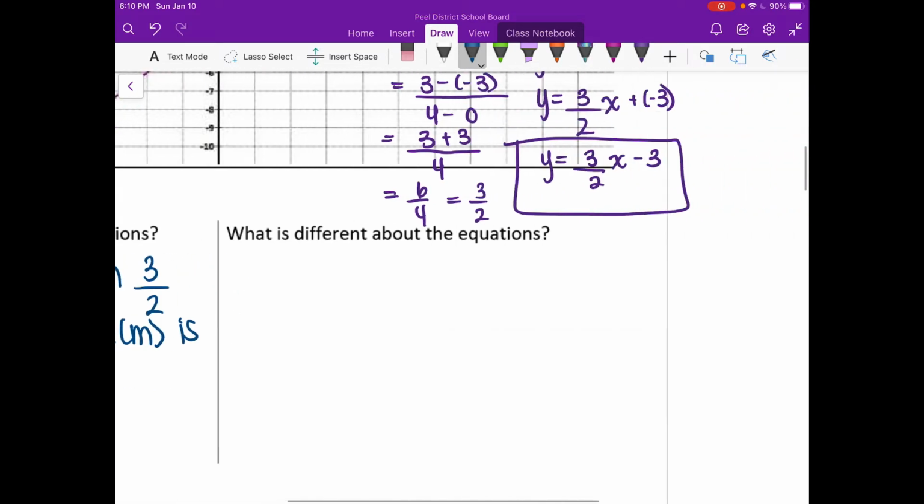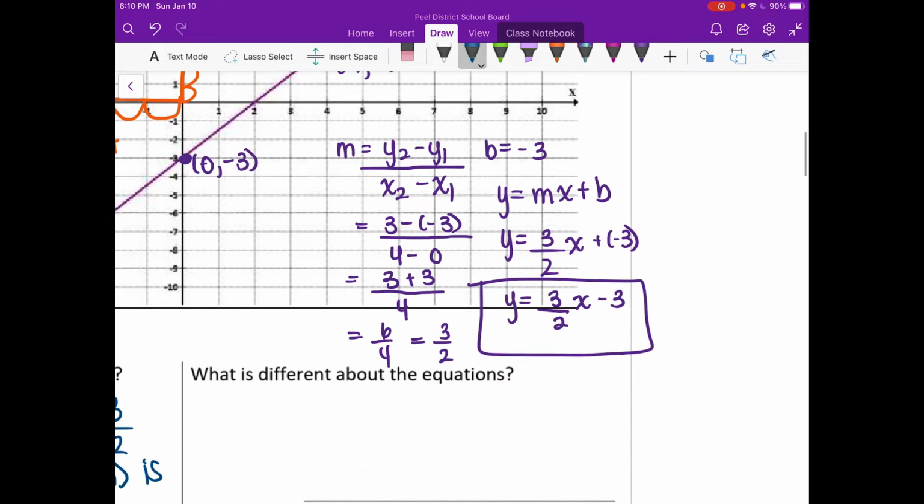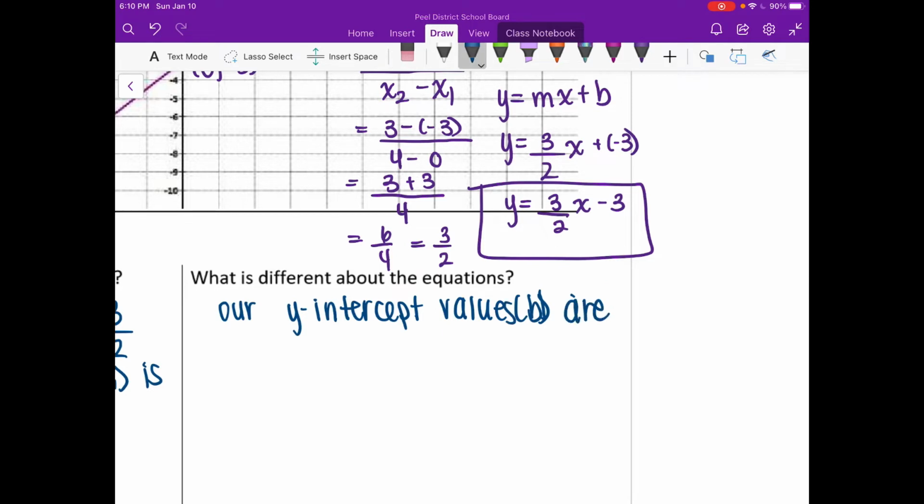What's different? 3 over 2x minus 3, 3 over 2x plus 6. Our y-intercept values, which is b, are different.